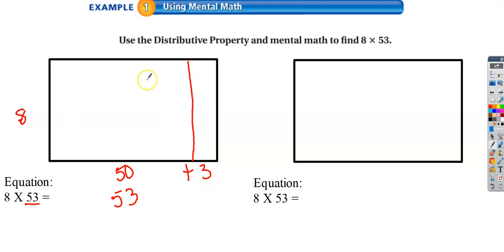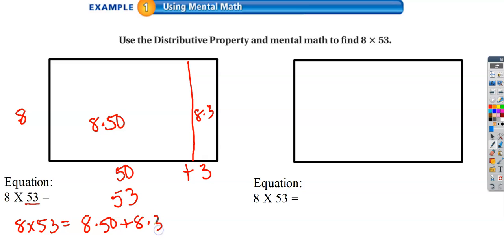So the area of this rectangle is length times width, but I'm always going to do the width first because I'm trying to show you distributive property. So it's 8 times 50, and then the area of this skinny rectangle is 8 times 3.